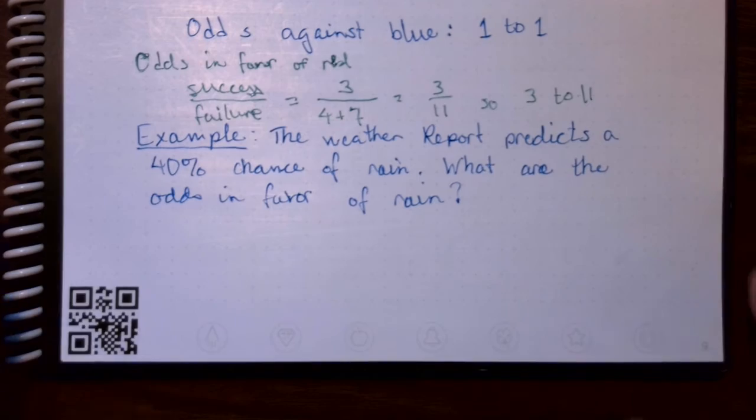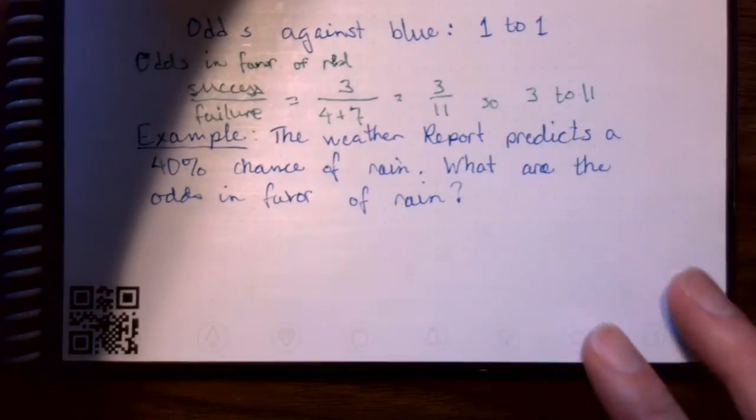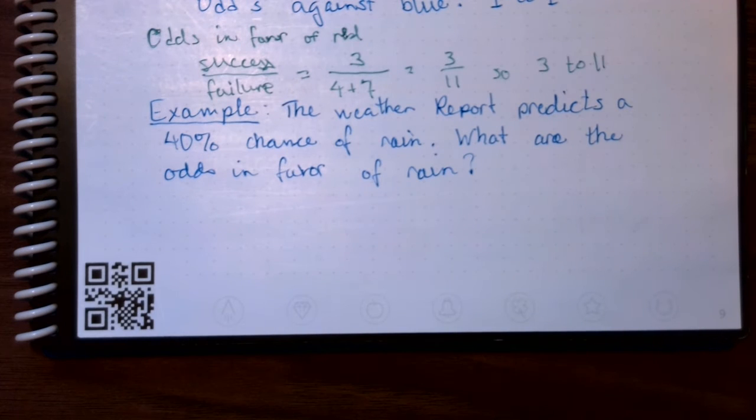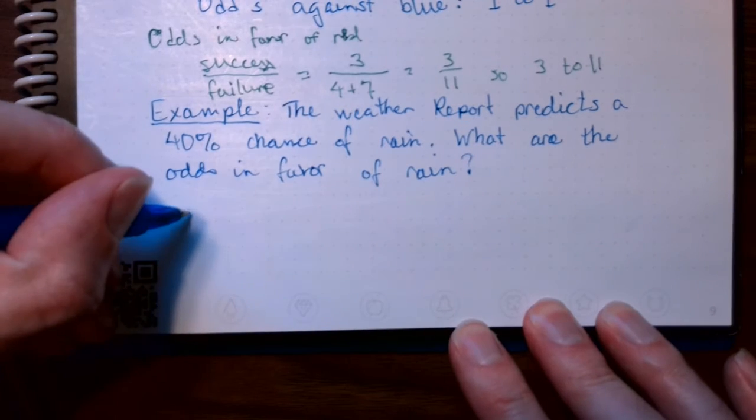Okay, so let's go back to this weather example here. So the weather report predicts a 40% chance of rain. Okay, now that 40%, that's a probability.